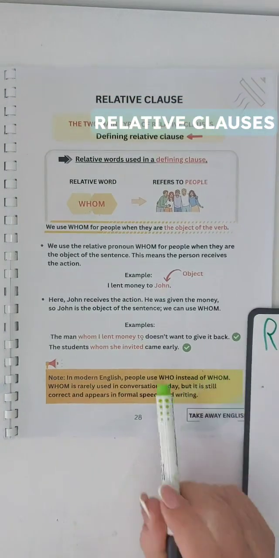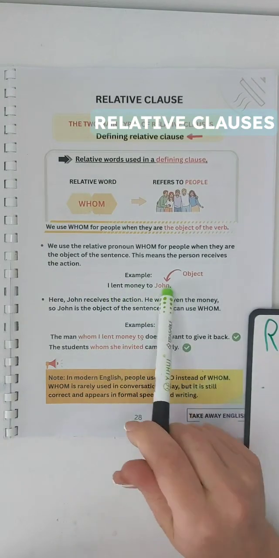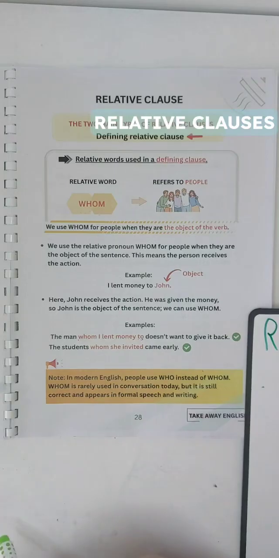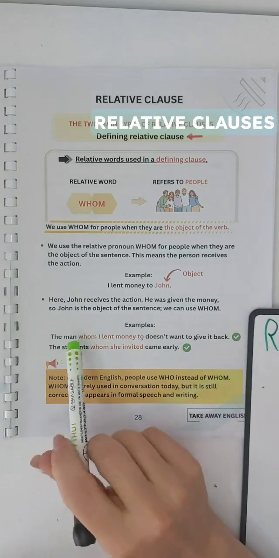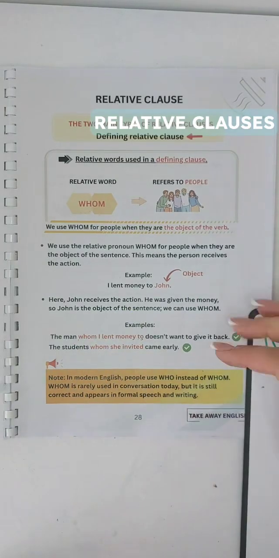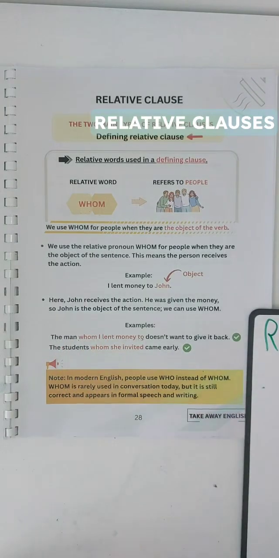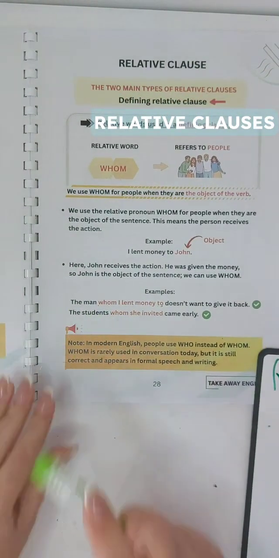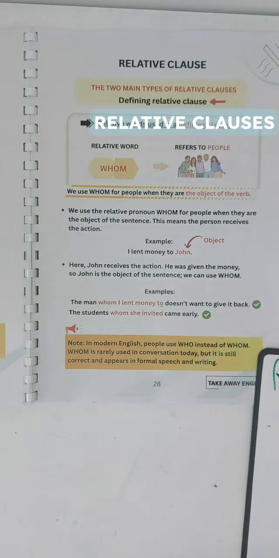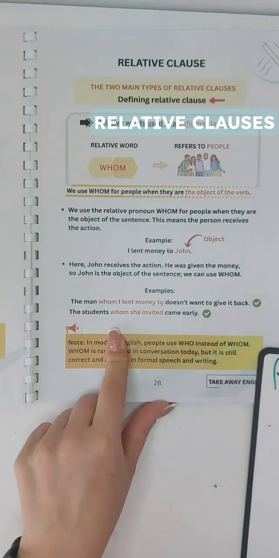For example, I lent money to John. John here is the object of the sentence, because John receives the action. He was given the money. So we can use whom. The man whom I lent money to doesn't want to give it back. Or the students whom she invited came early.